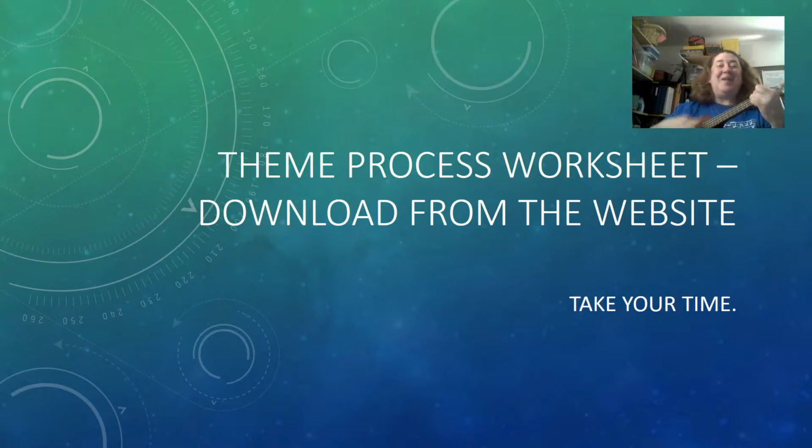No more just C. I can also play in G. So download the theme process worksheet so you can see what we're working on and enjoy this process. I'm glad you're here with me doing this course.